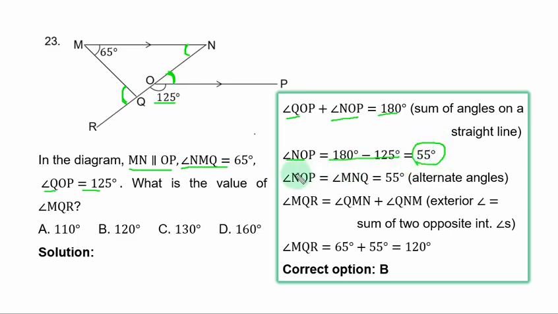As I said earlier, angle MNQ is equal to angle NOP, alternate angles. So angle MQR is equal to angle QMN plus angle QNM. You have the reason. Therefore, angle MQR is equal to 65 degrees plus 55 degrees. That is 120 degrees. B is the correct option.